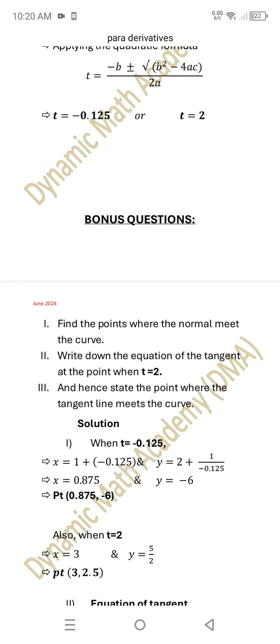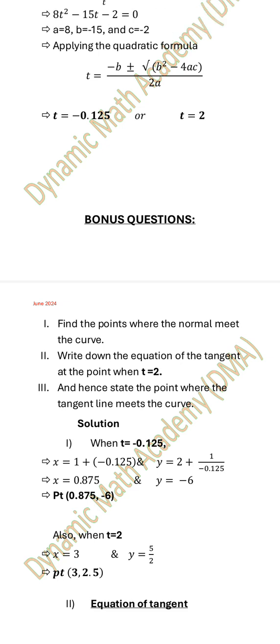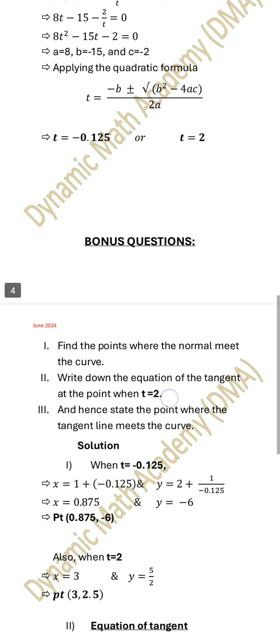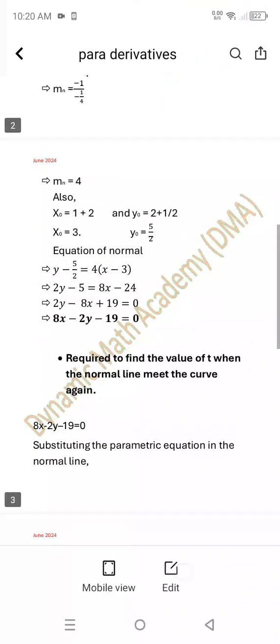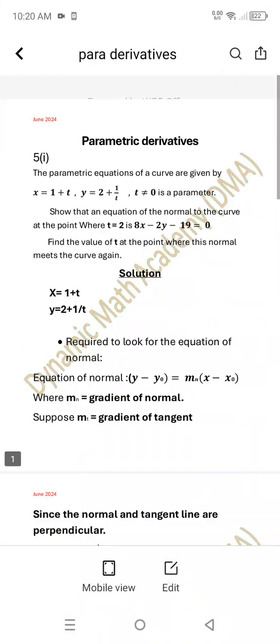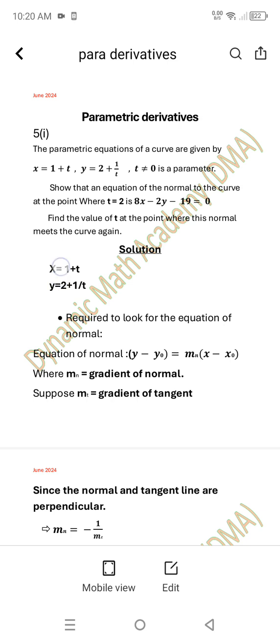Now when t equals negative 0.125, you realize that the corresponding value of x will be 1 plus negative 0.125. We are just substituting it in the parametric equations. When t equals negative 0.125, you have x to be 1 plus negative this, and y to be 2 plus 1 divided by negative this.